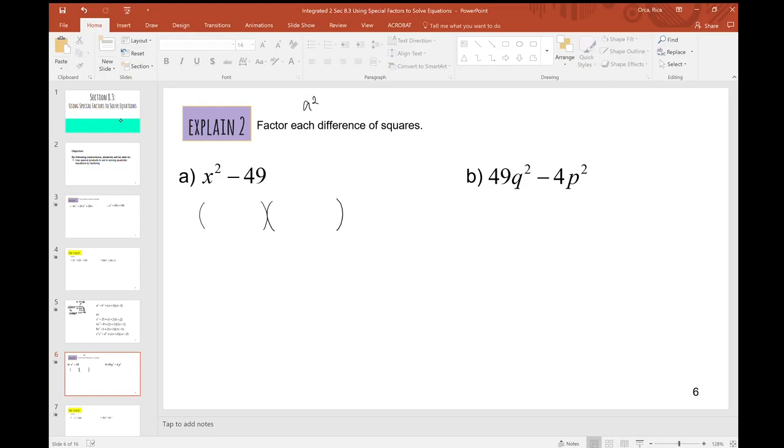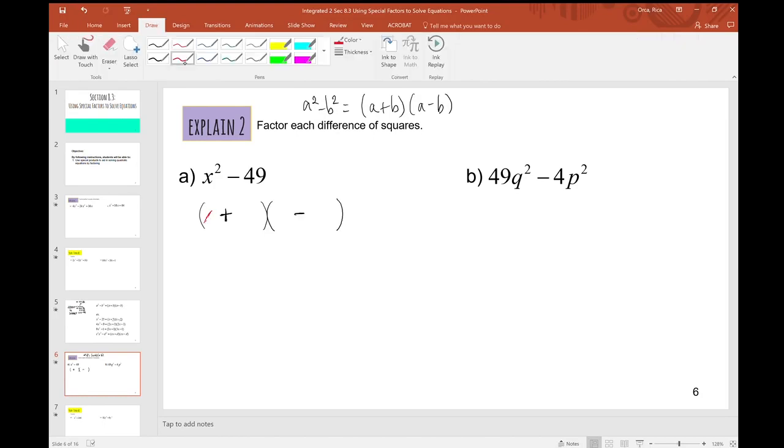The formula tells us that a squared minus b squared is equal to a plus b times a minus b. So I know that my factors are going to be identical except for the fact that one will be positive and the other one will be negative. So x times x is going to give us our x squared, and 7 times negative 7 will give us negative 49. And so this is our answer.